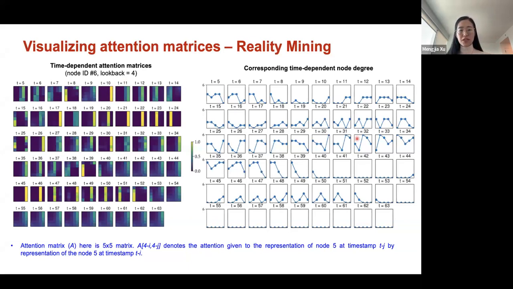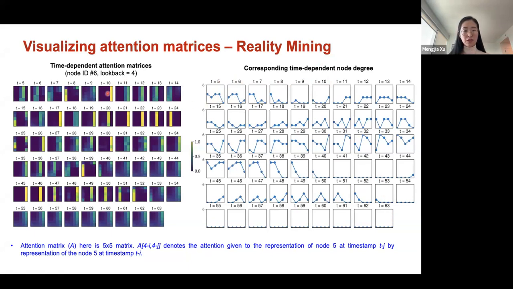On the red side, we show the node degree, the temporal-dependent node degree plot for node 6 at each time step for the reality mining benchmark.